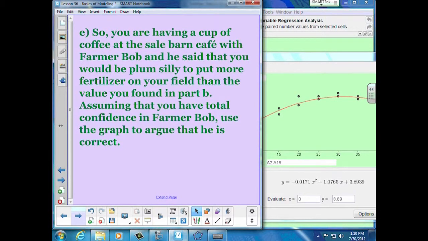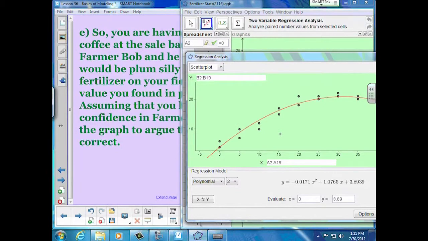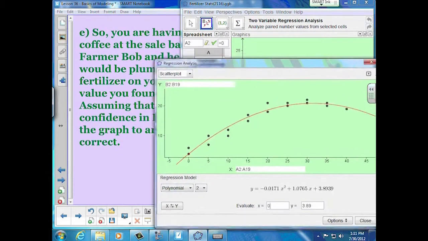Now, you're down at the Sale Barn Cafe having a cup of coffee with Farmer Brown and Farmer Bob, and he said you would be plumb silly to put more fertilizer on your field than that 31.48. Why? Well, I think this is actually kind of interesting to look at.